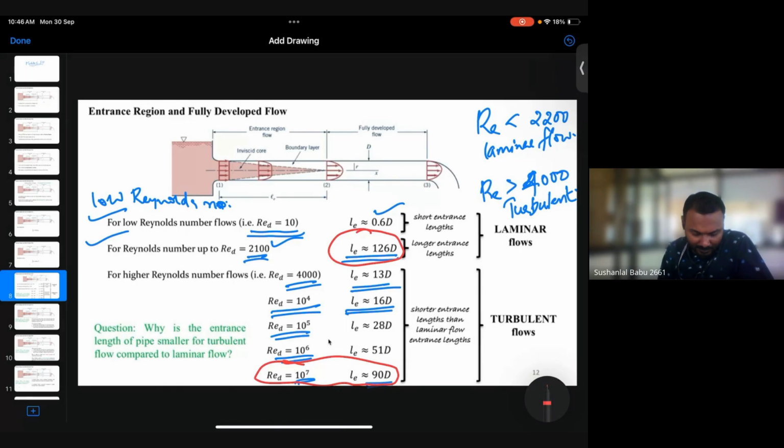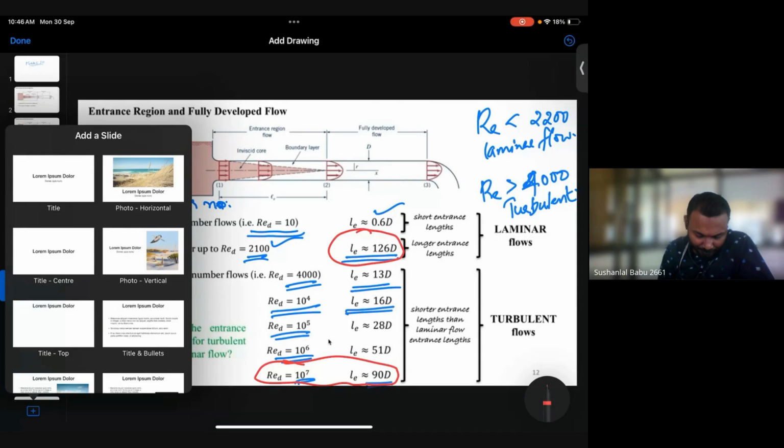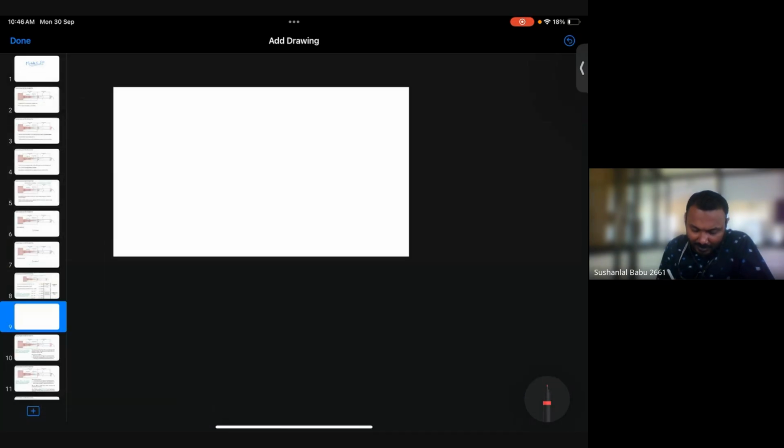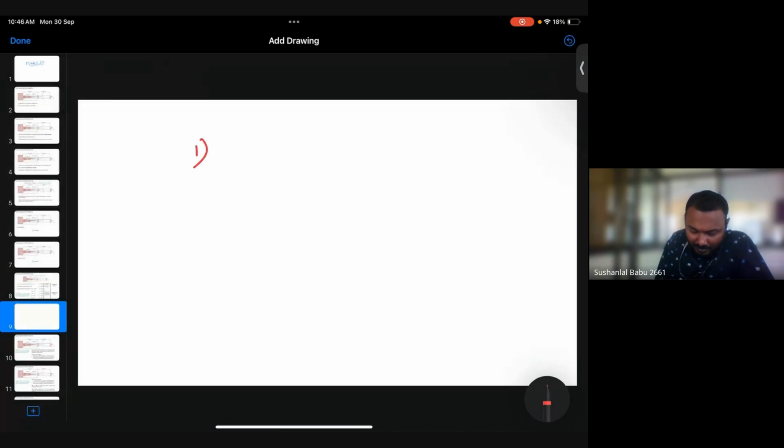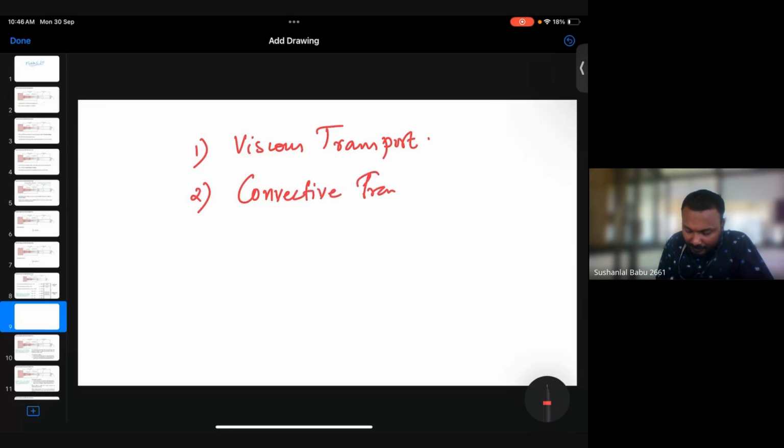To explain that, we need to understand two concepts. One is viscous transport, and the second one is convective transport of momentum.